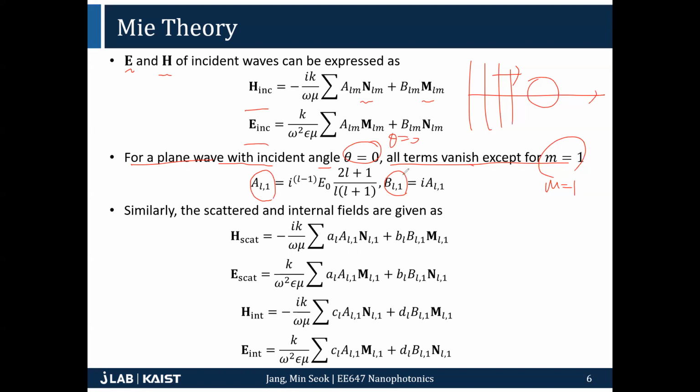I don't want to go into how to solve this, but even though you express the incident wave as a linear combination of spherical harmonics, because you know how the incident wave looks, you can easily solve for it. The solution looks like this. A_L, the coefficient here, is a function of L like this, and B_L is just i times A_L, and here E naught is, of course, the incident wave electric field amplitude.